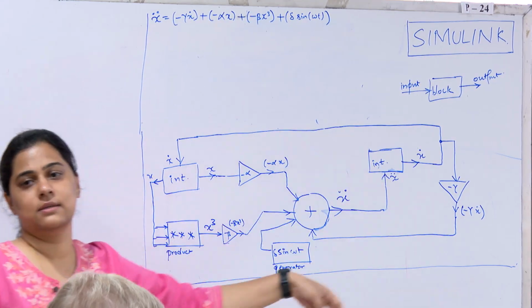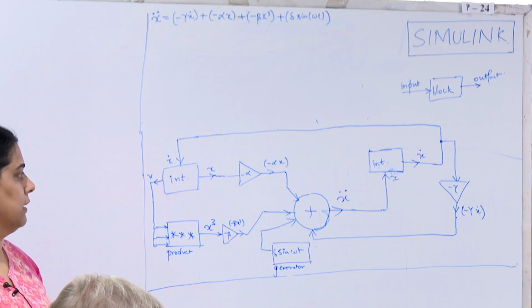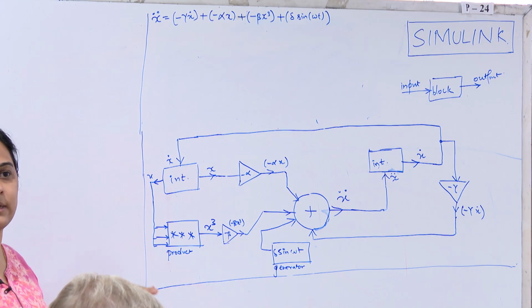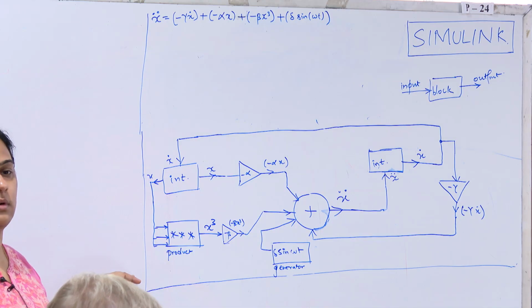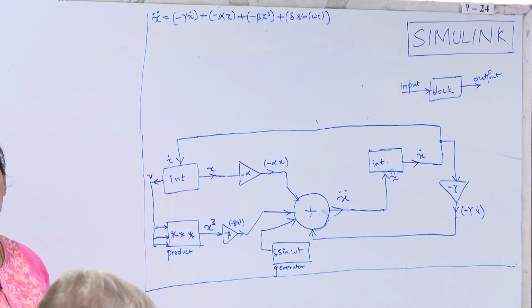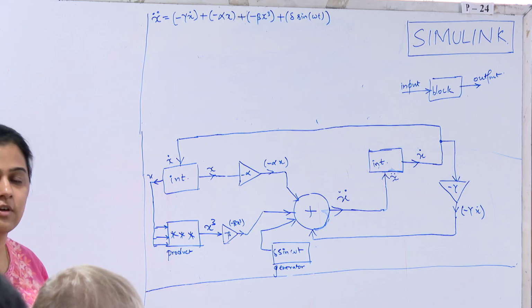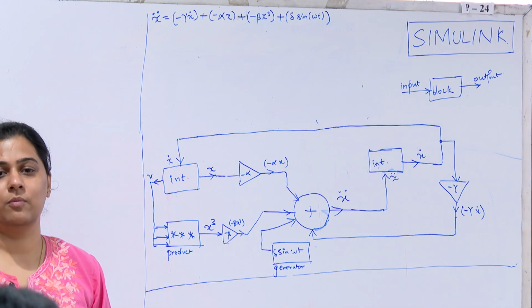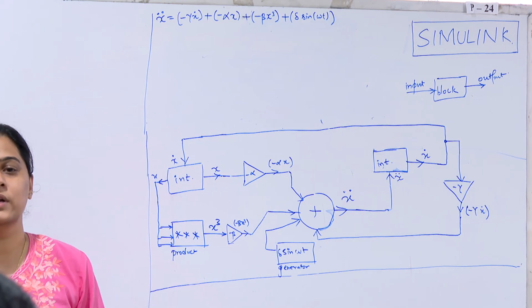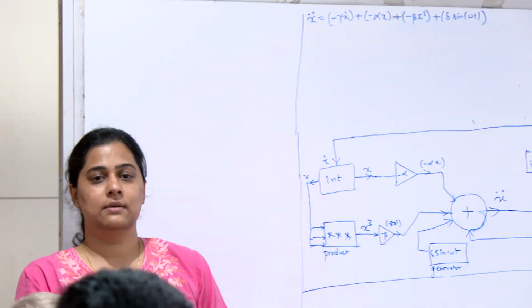And you integrate it, becomes like this. Anyone has any problem in this? Any doubts in this? It's a kind of loop, yeah. Usually block diagrams will be in the form of a loop. Otherwise, how is it going to simulate? Everything has to be connected, right?